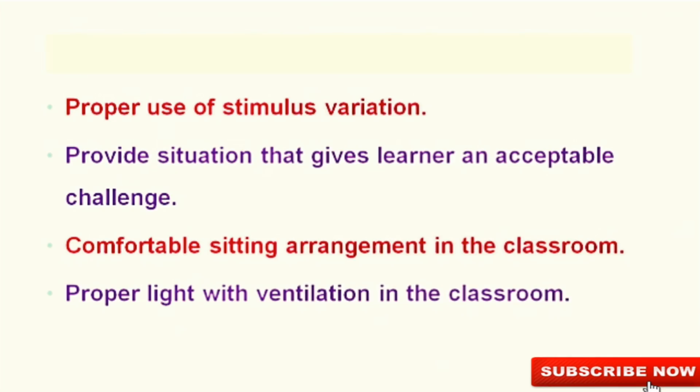of 1857. Next one is about the proper use of stimulus variation. Stimulus variation is related to changes in voice modulation, movements, gestures, body language, pause, which make a learner answer, etc. A teacher should also make use of stimulus variation in a proper manner.